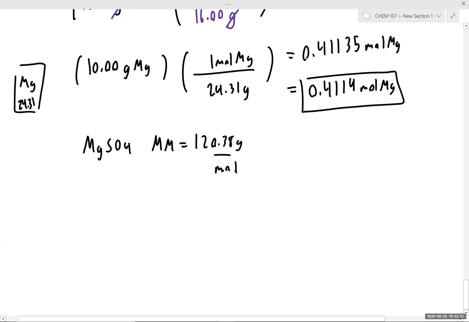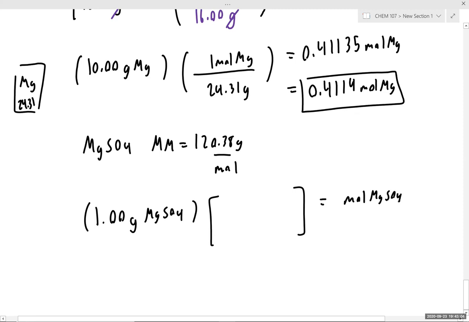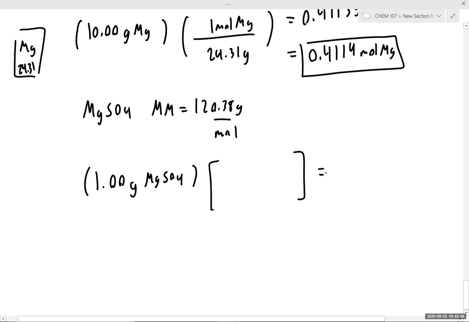Okay, so let's suppose I have 1.00 grams of magnesium sulfate, and I wanted to calculate the moles of magnesium sulfate. And I want to go from grams to moles. Well, fundamentally, has anything changed in our unit conversion process? Can we still cancel our units by putting moles on top and grams on the bottom?